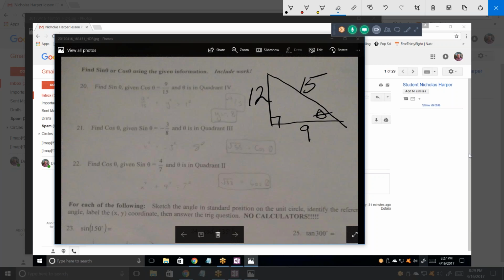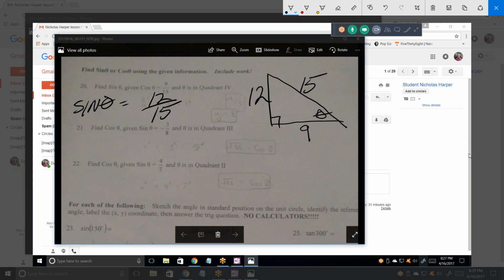What's sine of theta? Read my triangle. It's 12 over 15. In other words, it's opposite over hypotenuse. Now we got to put a plus or minus sign. This is the way I do all trig functions. I figure out the number first, and then I figure out whether it's plus or minus.